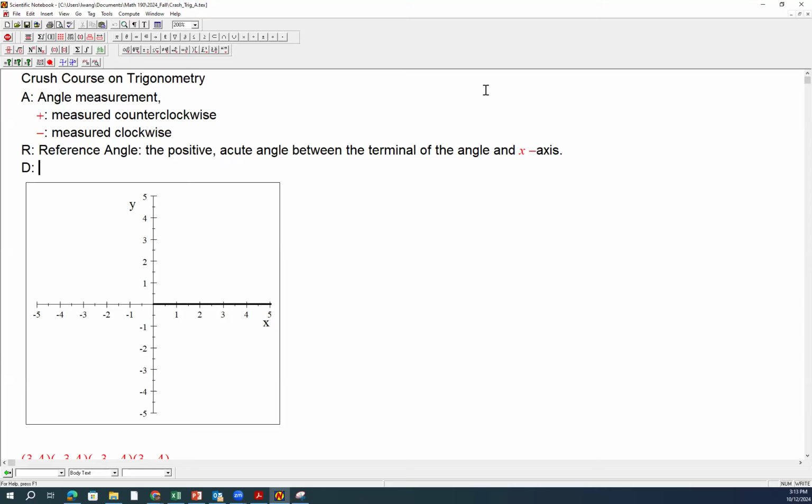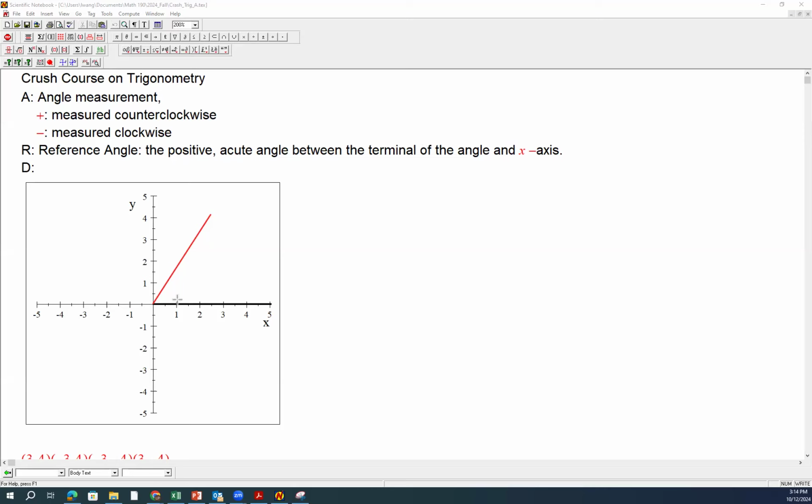So what do we mean by that? For example, we just measured angles, right? Starting from the same position, counterclockwise. If I terminate right here, then this red line is called the terminal of the angle.